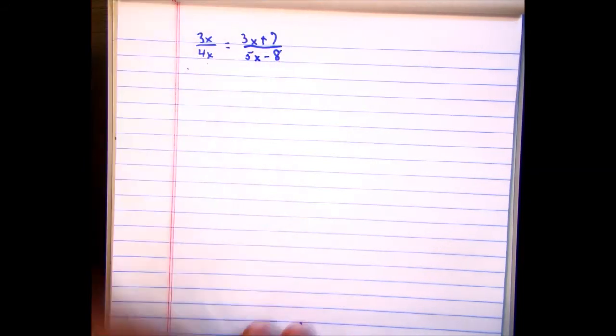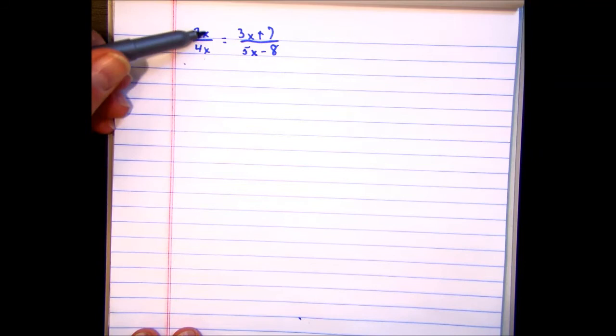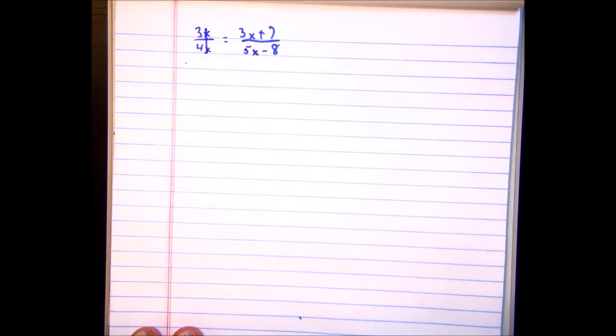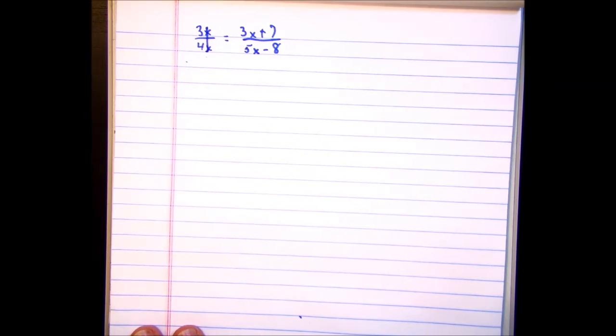Now, some of you might be smart enough to look at this and go, hey, wait a minute. I remember doing fractions in Algebra 1, and I know that I could take an x out of this. I can reduce that. So go ahead and reduce it. You're allowed to. The x's cancel out.